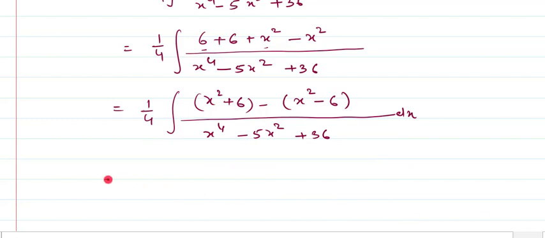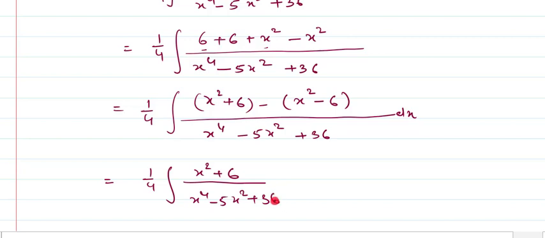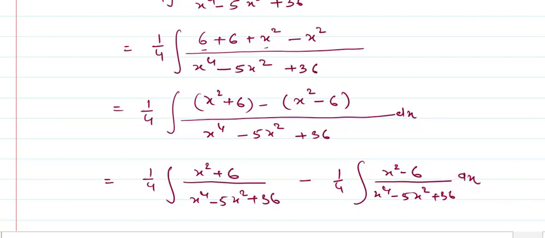Now segregate the two terms, which is equal to 1 upon 4 x square plus 6 upon x power 4 minus 5x square plus 36, minus 1 by 4 x square minus 6 upon x power 4 minus 5x square plus 36 dx.